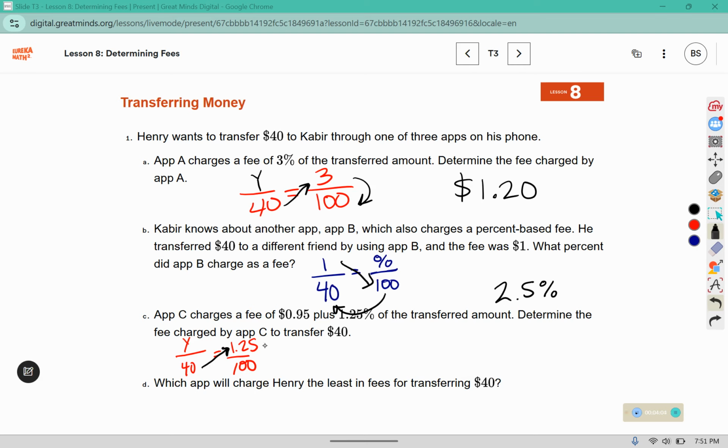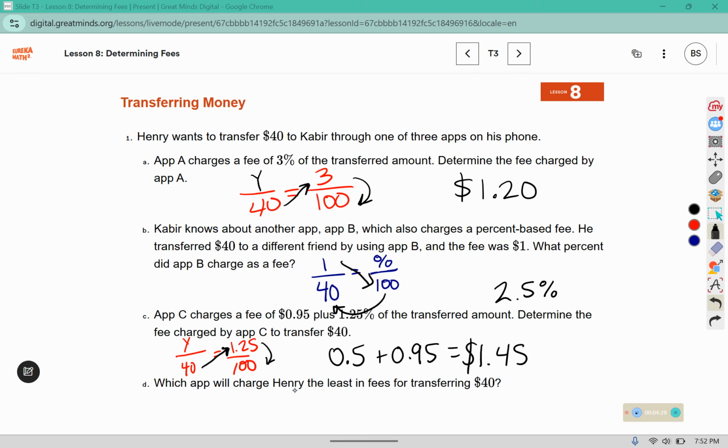So cross multiply and divide. 40 times 1.25 divided by 100 is 50 cents plus the 95 cents is a total fee of $1.45.